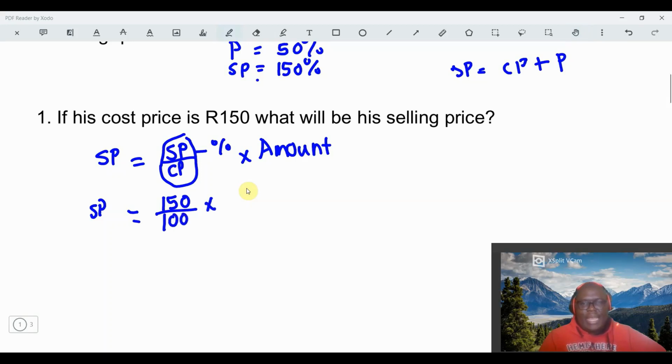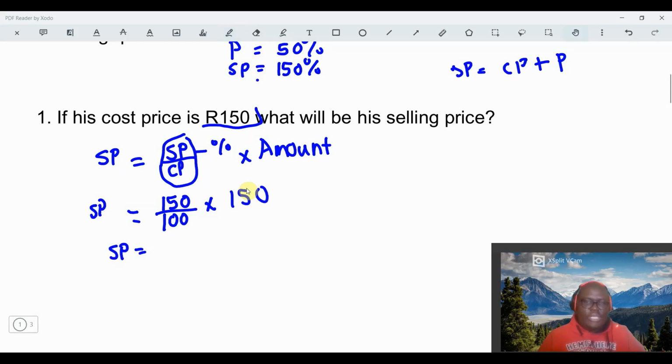And then the amount that I'm given from the information is the cost price, it's 150. So I'm going to multiply everything by 150 here. So that's how we get our selling price. And then from there, you just calculate.